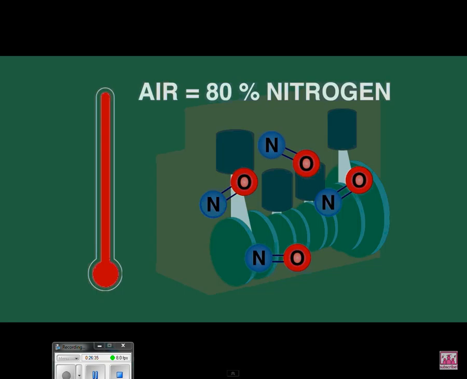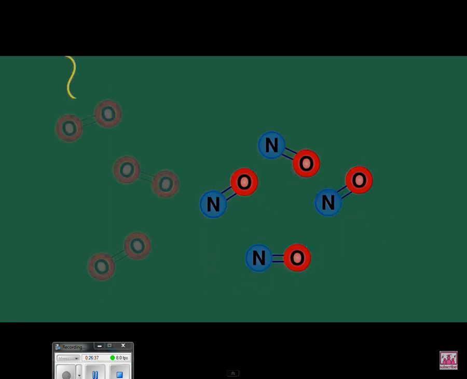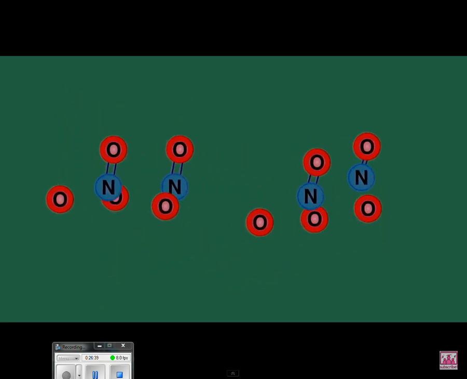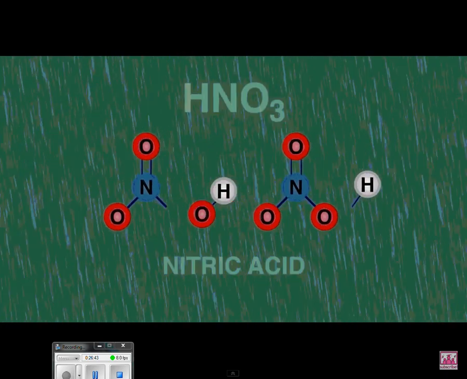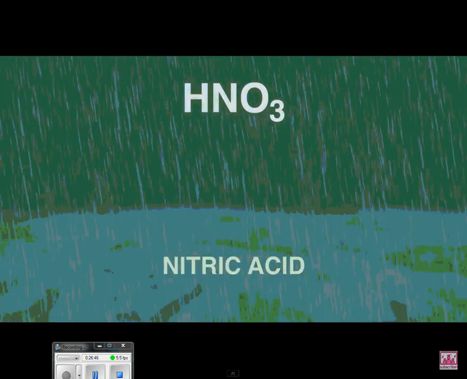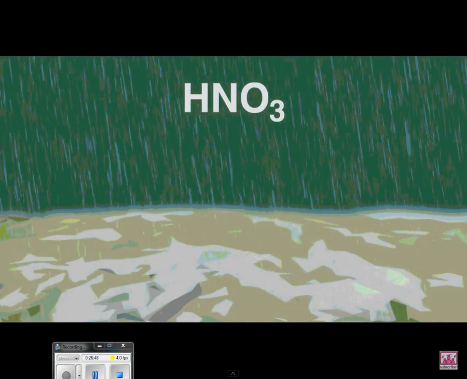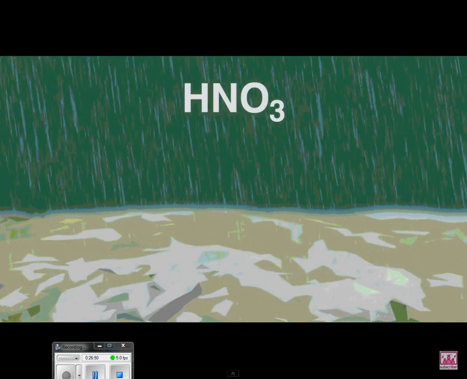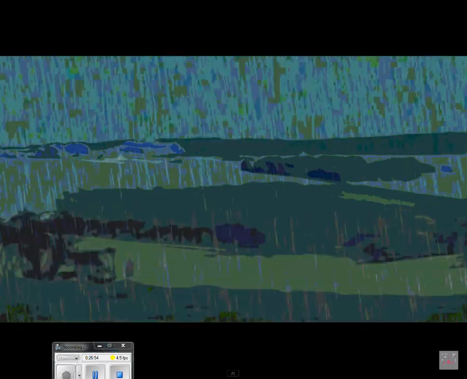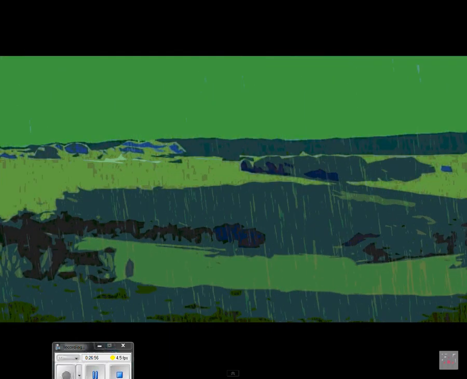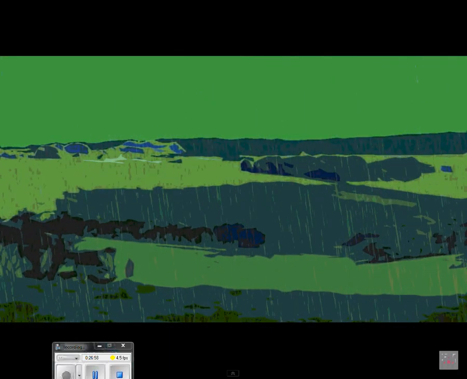Once the oxides of nitrogen are in the air, they react with more oxygen, just like we saw with sulfur dioxide, and dissolve in the rainwater to form nitric acid. If the rain falls on limestone soils which are alkaline, the acidity may be neutralized. However, if the rain lands on neutral or acid soils or on vegetation, then it can cause damage.